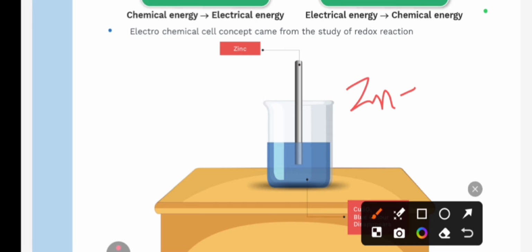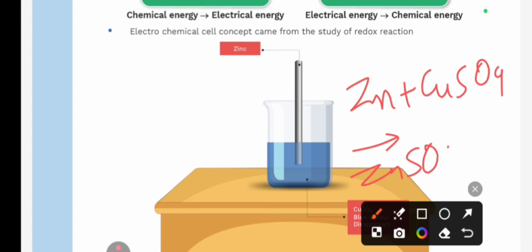When zinc reacts with copper sulfate, it gives zinc sulfate plus copper. They observed that zinc is oxidized because it carries 0 charge and here it carries +2 charge, and copper is reduced.